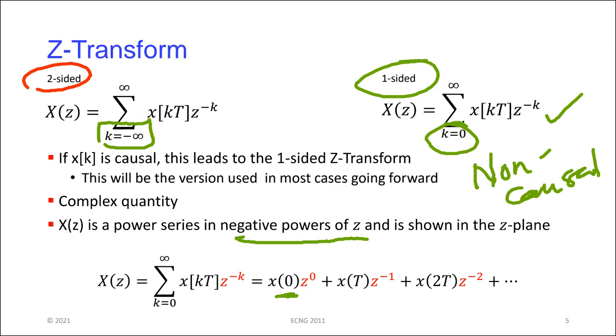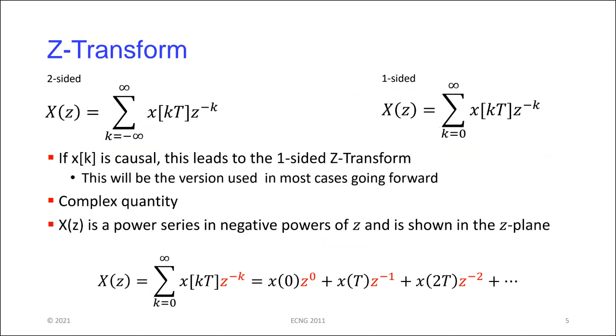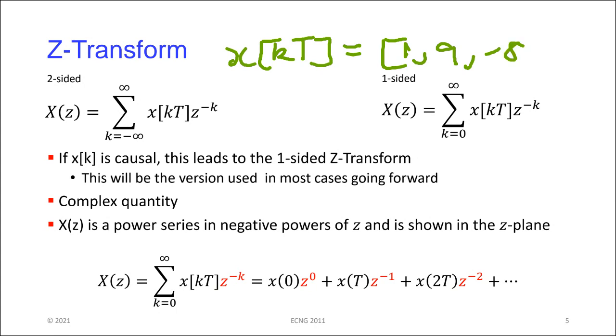So for instance, if I had that xkt was equal to three numbers, 1, 9, and minus 8, the Z transform of that, k equal to 0, would be x0, which is 1, times z to the 0, which is 1, so 1 times 1 is 1, plus 9 z to the minus 1, minus 8 z to the minus 2, right?